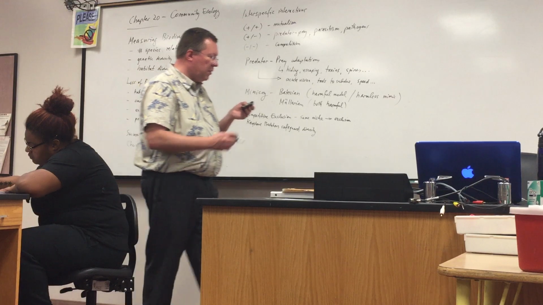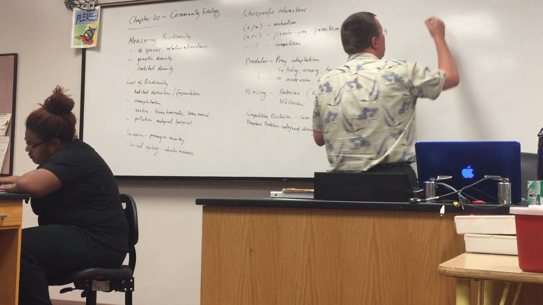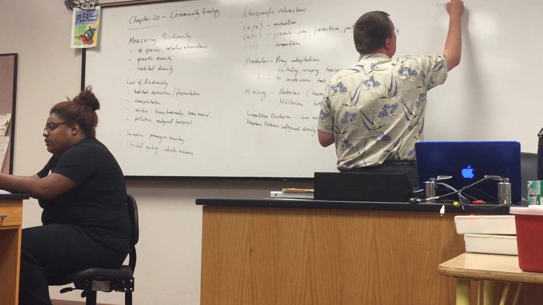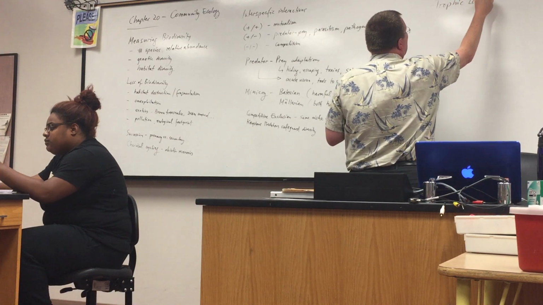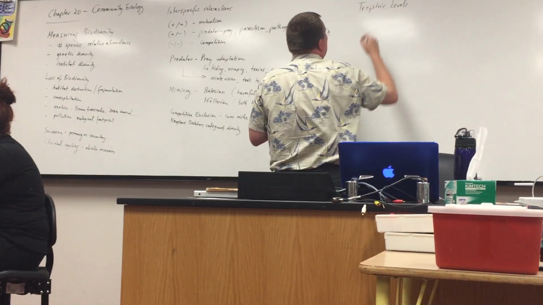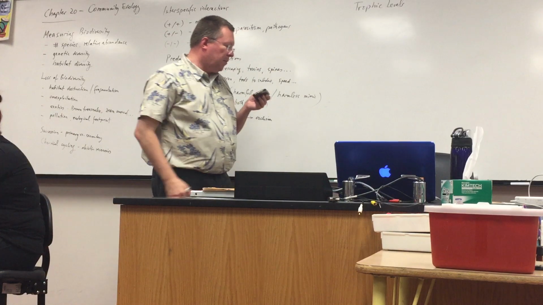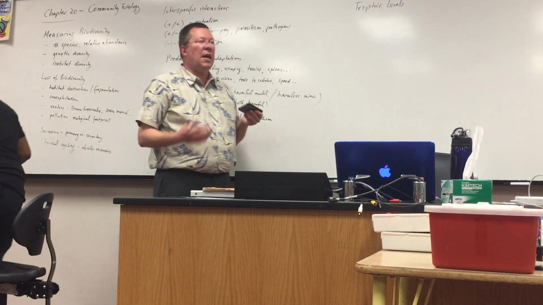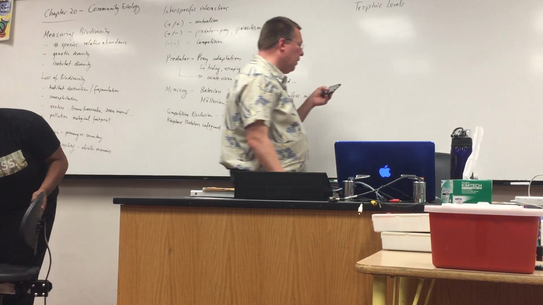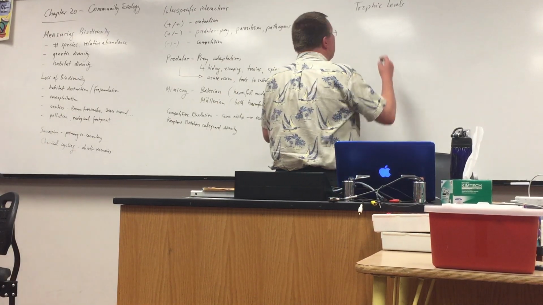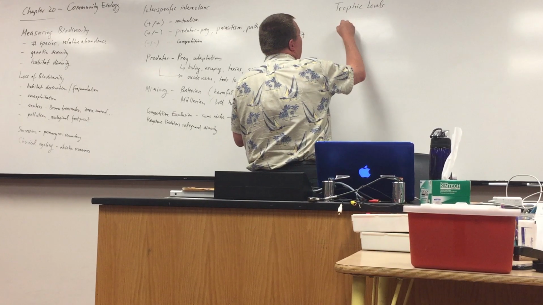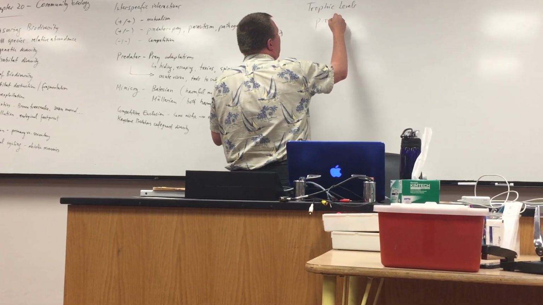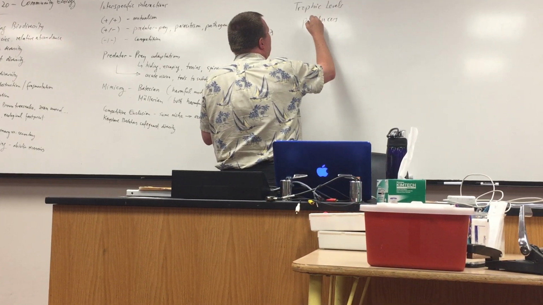Now the last part of this to know is something called trophic levels. Trophic means feeding ultimately, and there are various levels at which we as humans can feed. To give you a couple of examples, one trophic level is occupied by a group of organisms called producers.